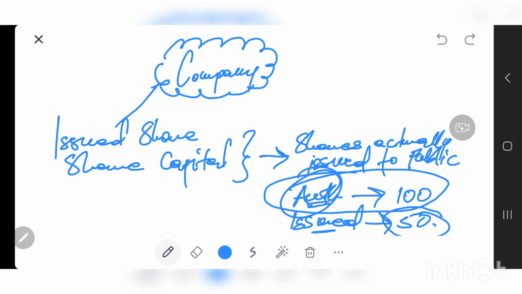If you want to visualize the structure of the company, you are first going to have what is called the board of directors.